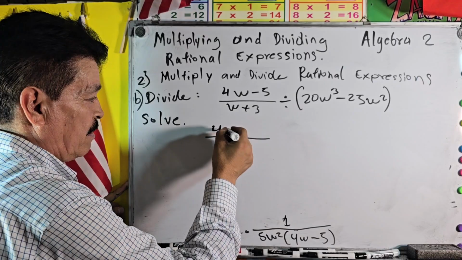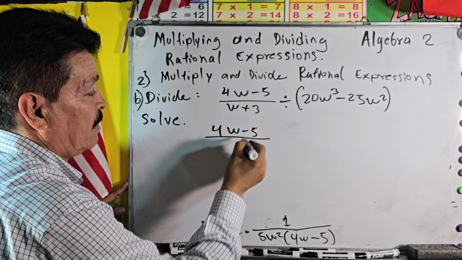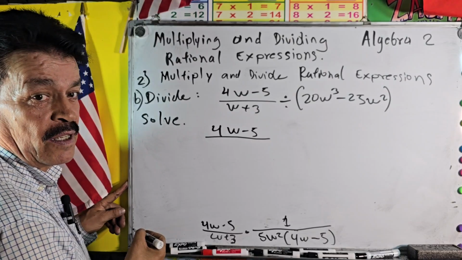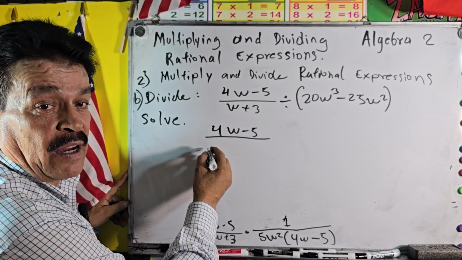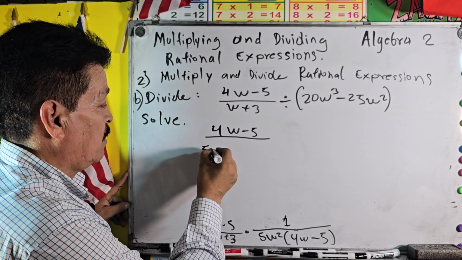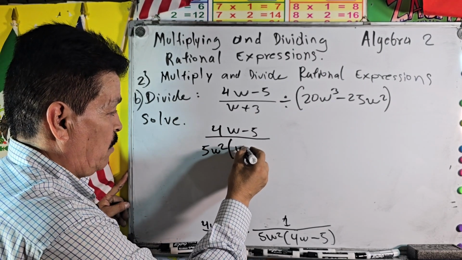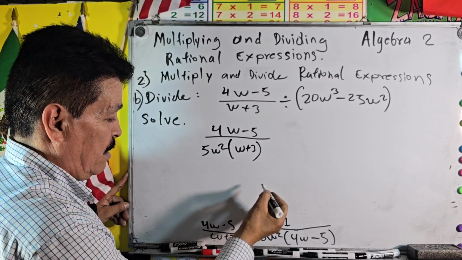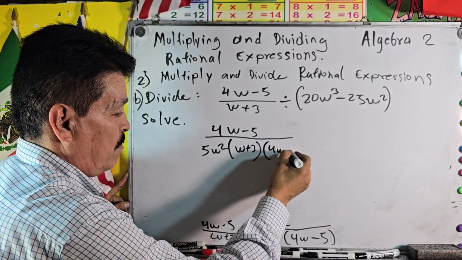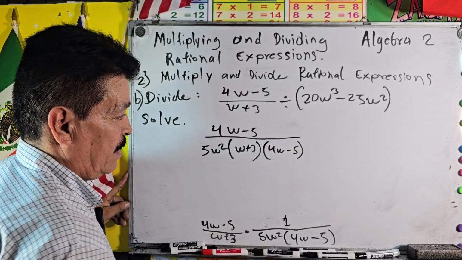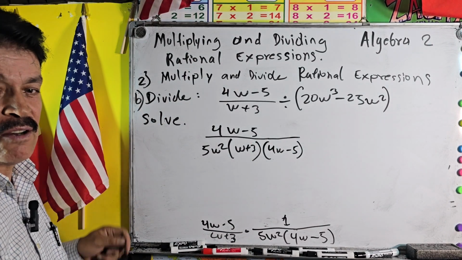I multiply everything, so we have 4w minus 5 on top. Then in the bottom we have 5w squared times w plus 3 times 4w minus 5, right? See, now we are correct.